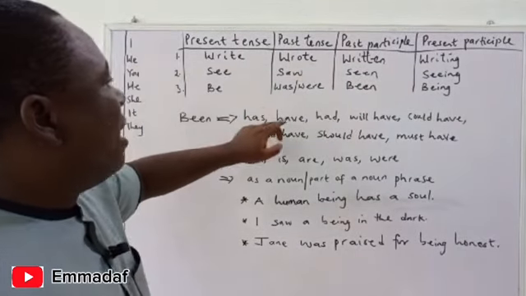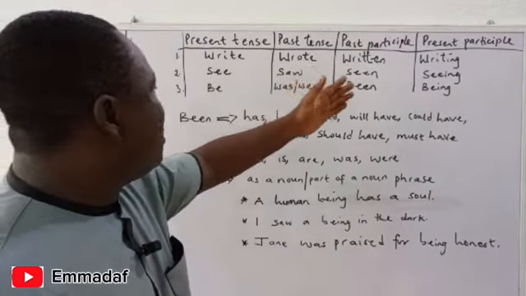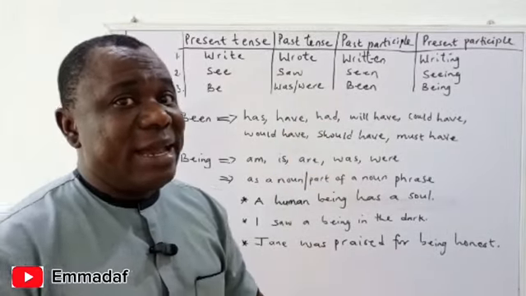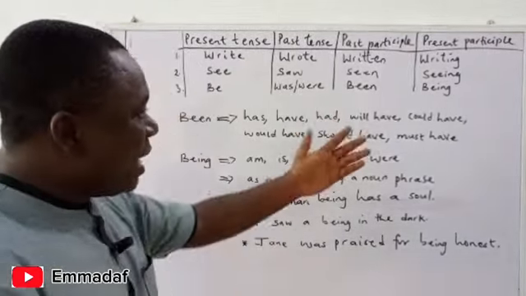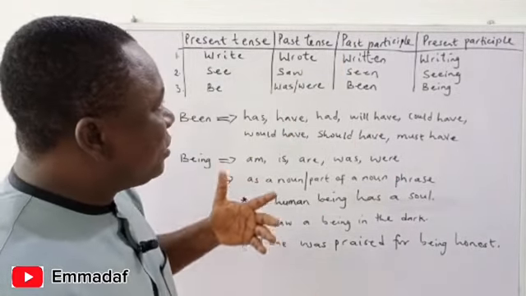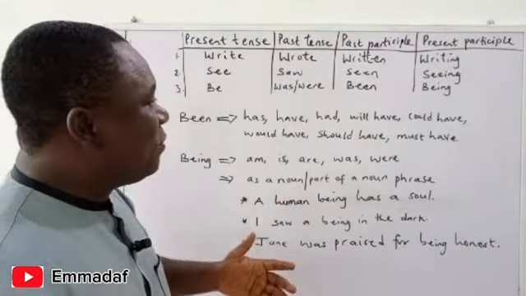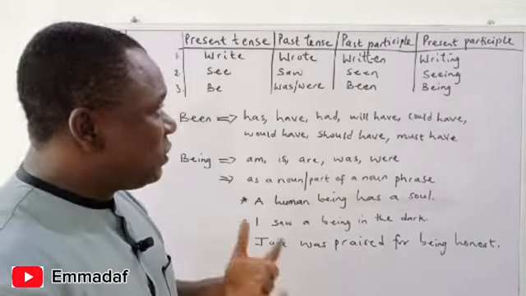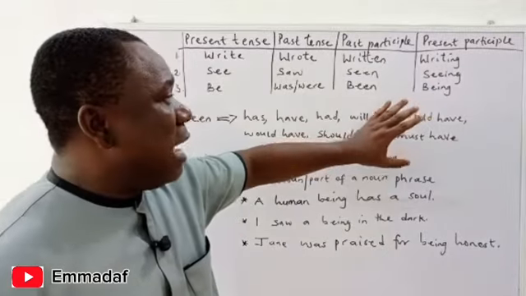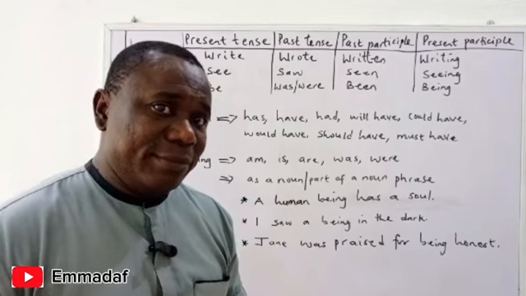We have seen. He has seen. They had seen. I had seen. I could have seen. She could have written. I should have seen. I should have written. All the auxiliary verbs here are usually combined with the past participle of the verb form.